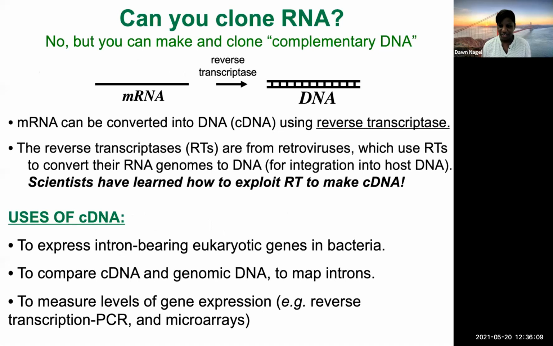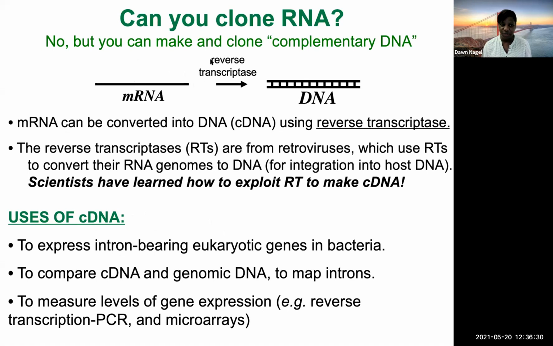So the last part of lecture 11, we were talking about RNA and how you can actually clone RNA, right? Because you can't just use the RNA molecule, which is single-stranded, to clone the gene that you might be interested in.